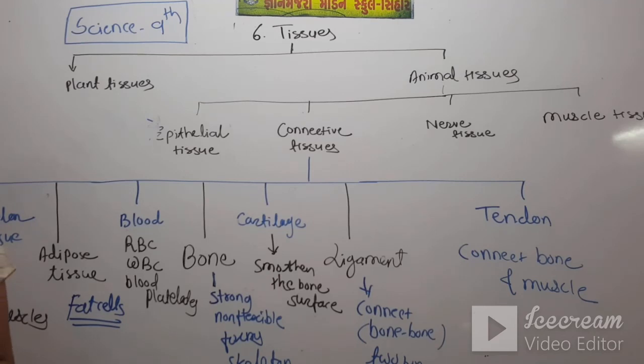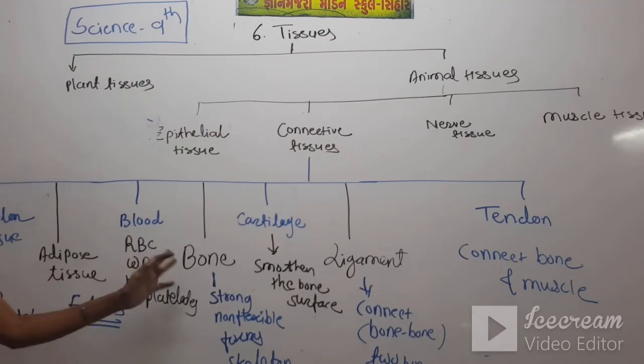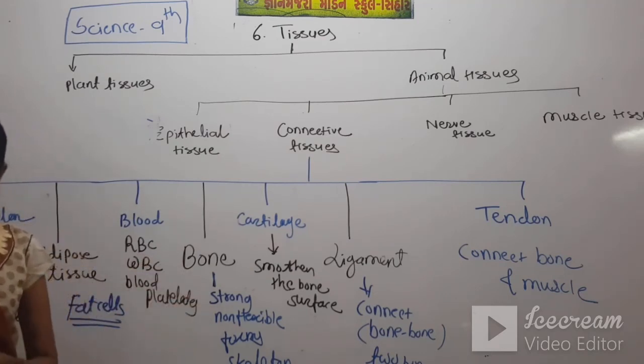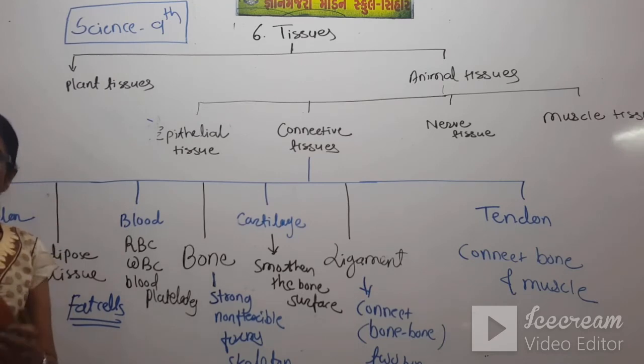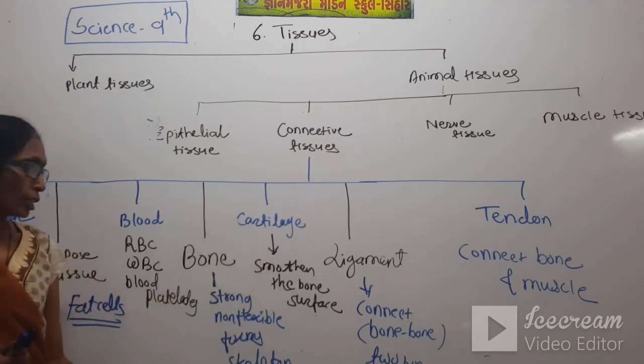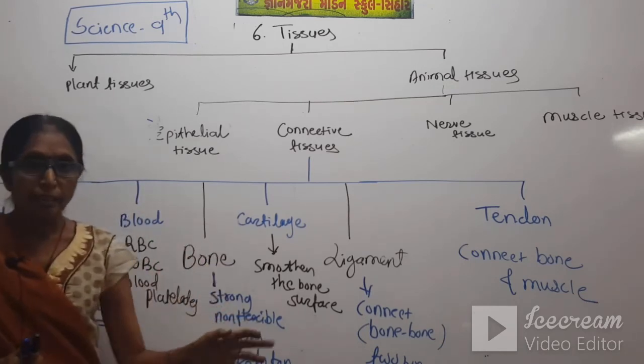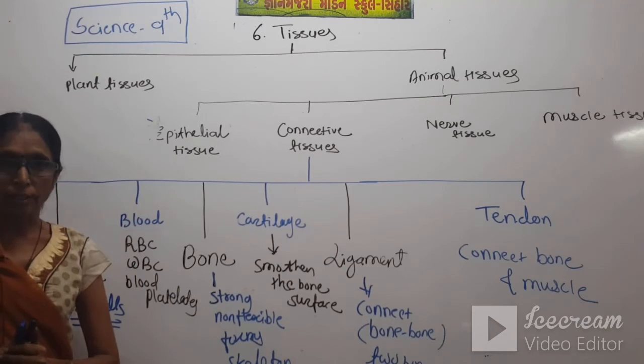Blood cells: there are 3 types, WBC, RBC, and blood platelets. All these 3 types of blood cells are connective tissue, students. Now bone is strong, non-flexible, and forms the skeleton of our body. Cartilage smoothens the surface of the bone. Then ligament, which connects bone to bone.